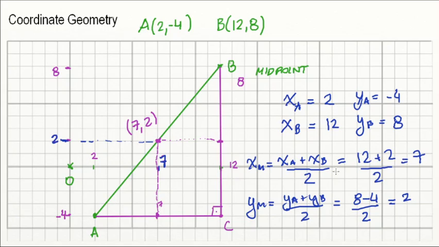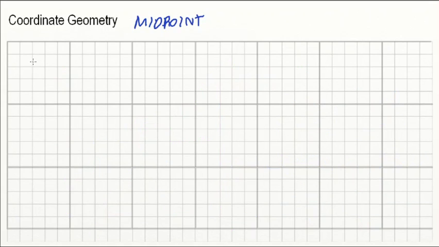So we can rewrite this in another and simpler way. If we want to find the coordinates of the midpoint, we can simply take the average of the coordinates of the points.